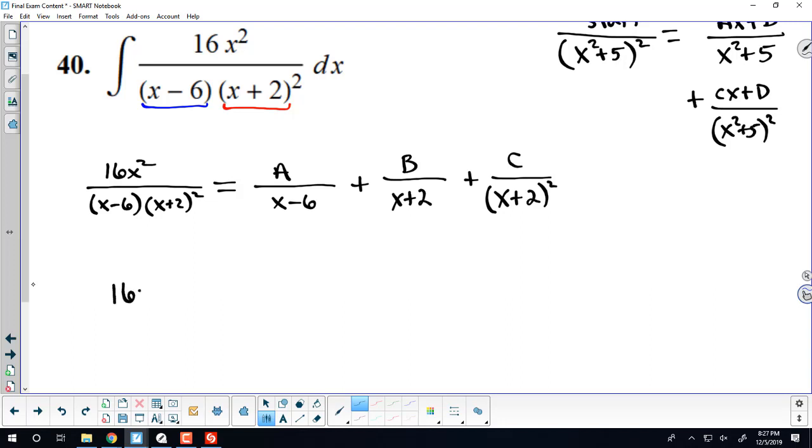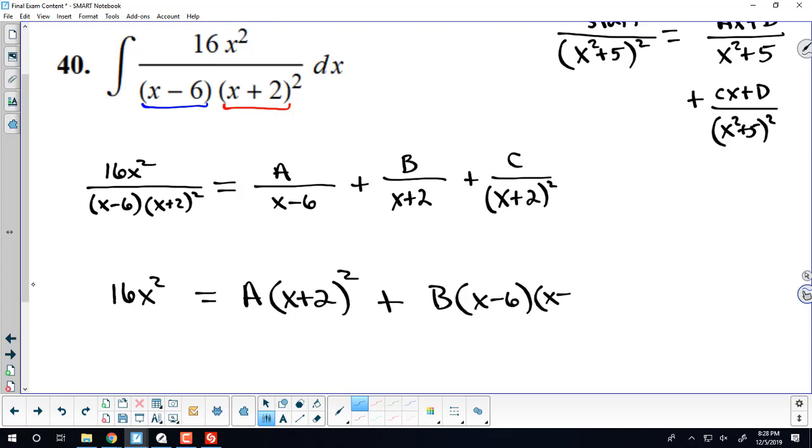So we have that 16x squared is equal to a times x plus 2 squared, plus b times x minus 6 times x plus 2, plus c times x minus 6.